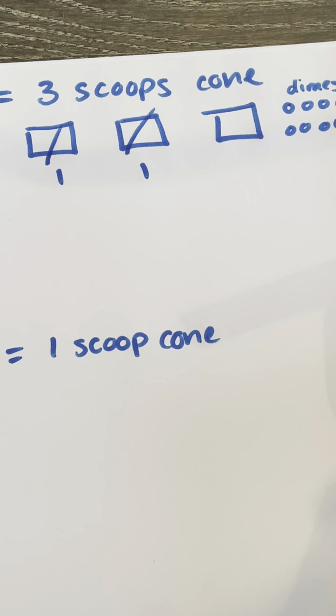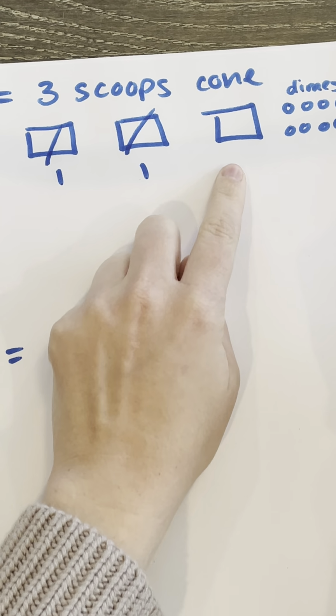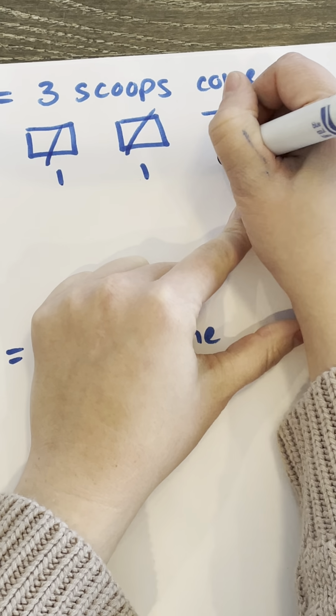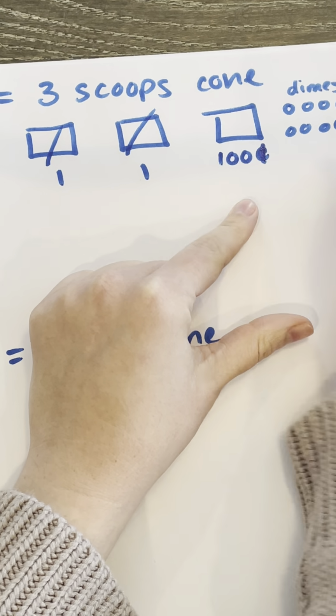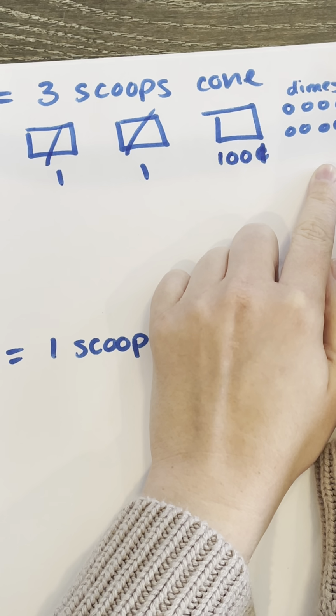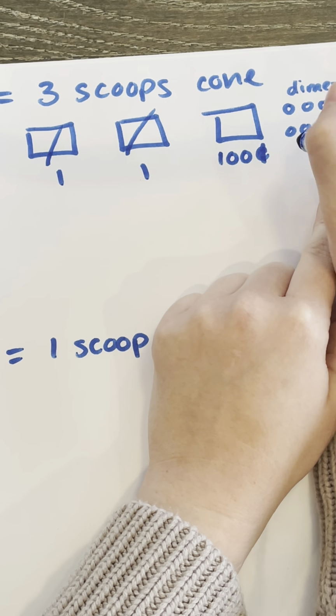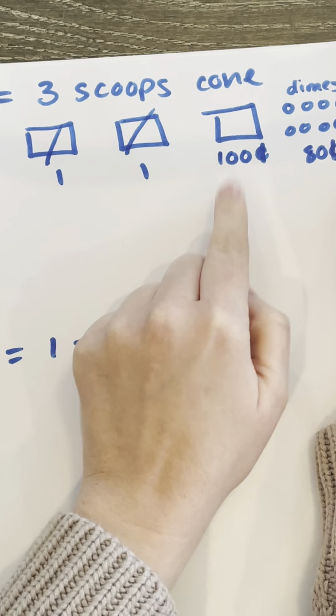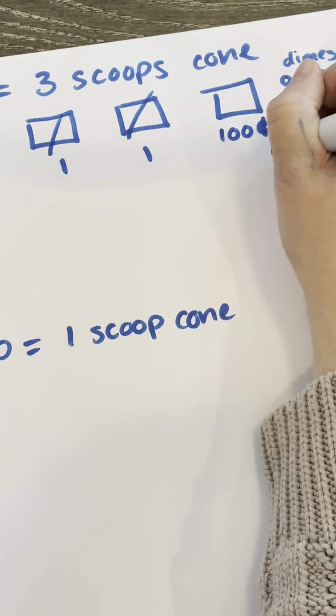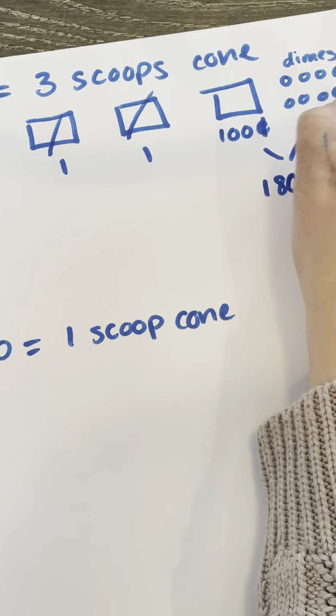Well, now I've got to think, and because I don't know how to divide decimals, I can think about this as my dollar's worth how many cents. We know that this is 100 cents. And I have 80 cents over here. So 100 cents plus 80 cents is 180 cents.